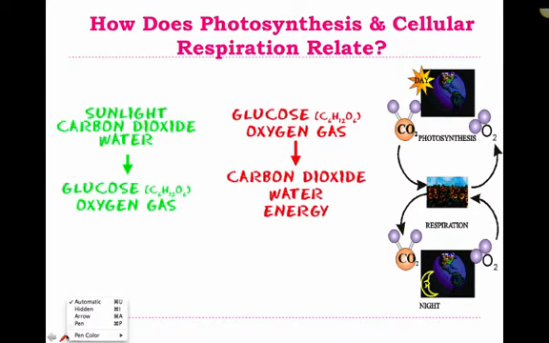The one difference is that my photosynthesis is going to occur in plants. And for the most part, it only occurs in plants. Remember, we have some exceptions in the form of algae or prokaryotes, but for the most part, it occurs in plants.